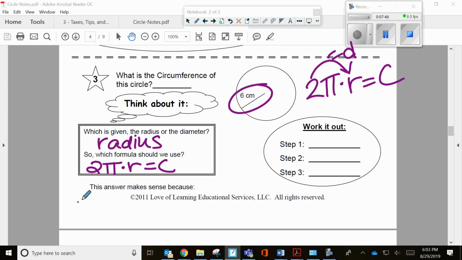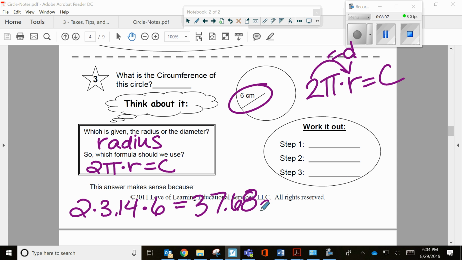So we say 2 times 3.14 times the radius, which is 6. So 2 times 3.14 times 6 gives me 37.68. And that is in just units, or centimeters, okay?